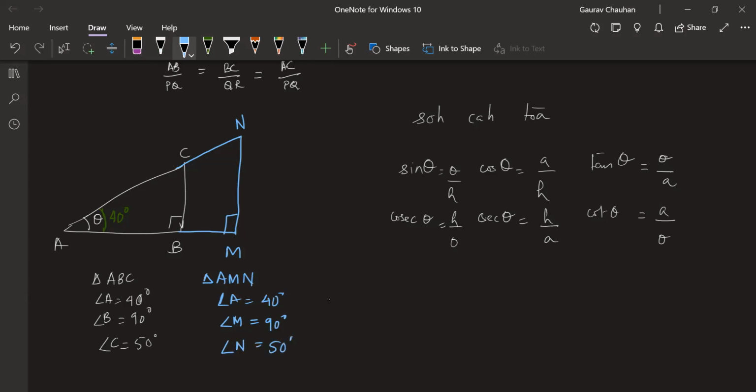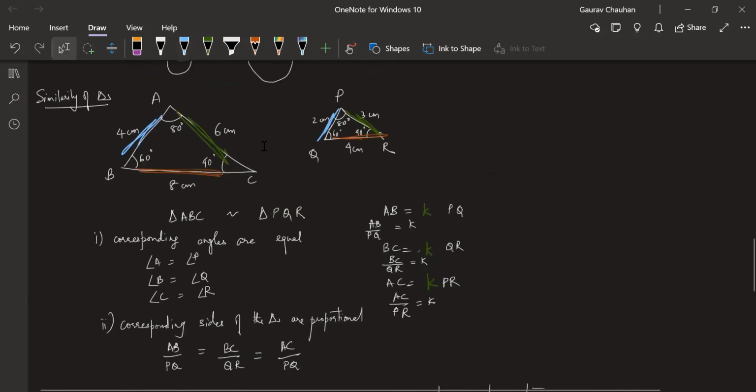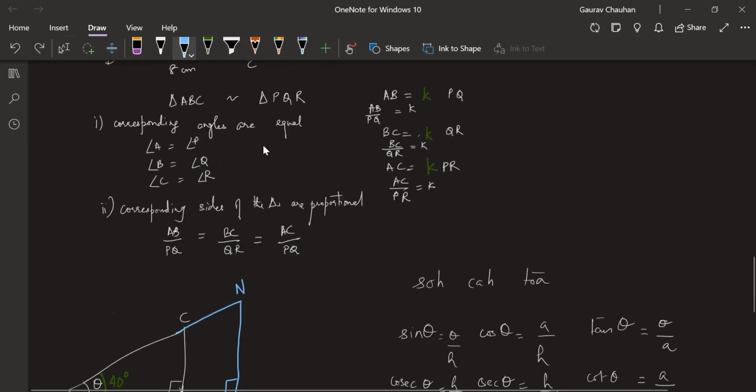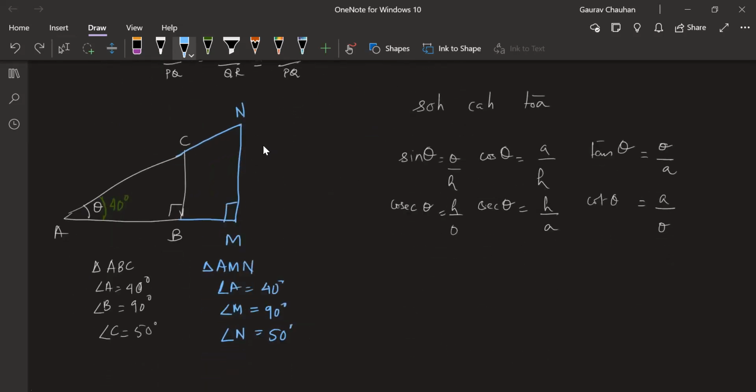So what we're seeing here is that for these two triangles, we had just defined the criteria of similarity, and I told you that if just this is met, then we can say the two triangles are similar. So from this logic, what I can say is triangle ABC is similar to triangle AMN.